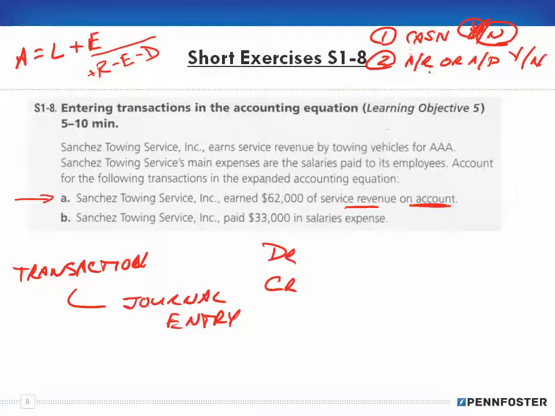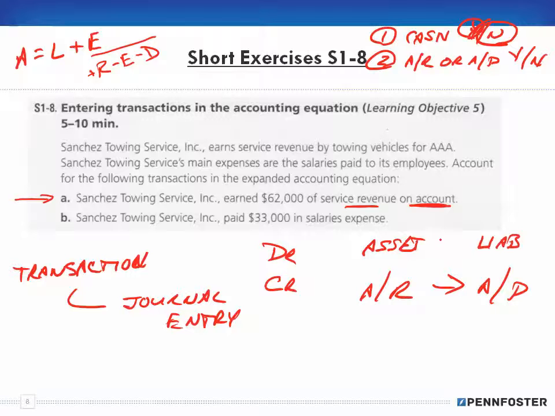And remember that accounts receivable and accounts payable are two sides of the same coin. Meaning, if you understand how to do accounts receivable, then you just do the opposite and you understand how to do accounts payable. Because why? Accounts receivable is an asset and accounts payable is a liability.